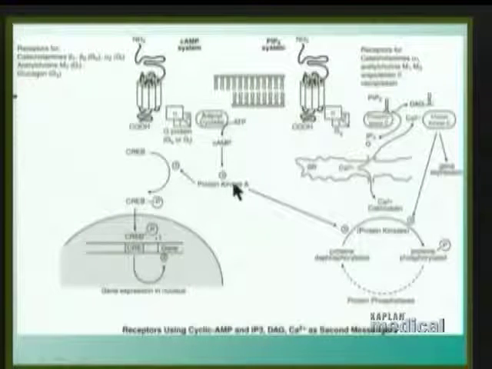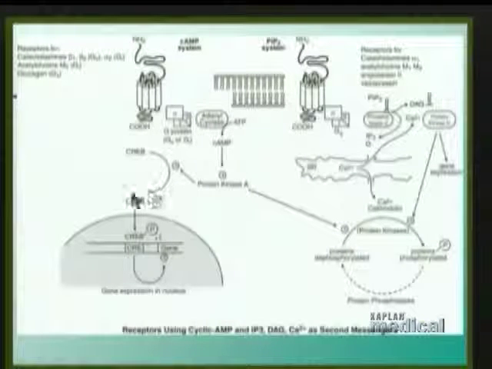For instance, on your diagram to the bottom right, protein kinase A might have phosphorylated proteins, and that might have resulted in turning them on or turning them off. These proteins might be enzymes, might be ion channels, or on the left side of the diagram might be the CREB protein.